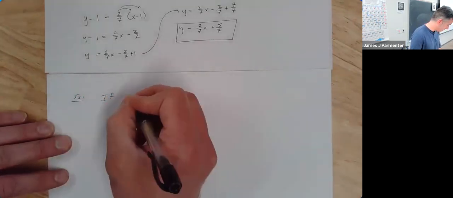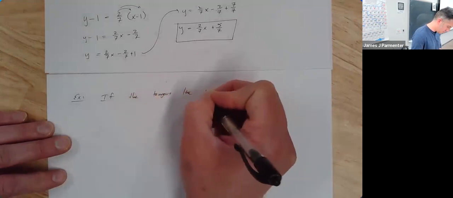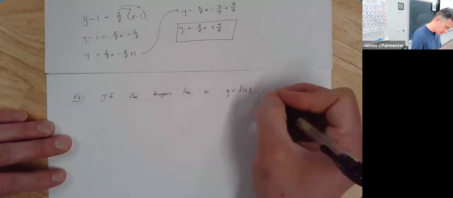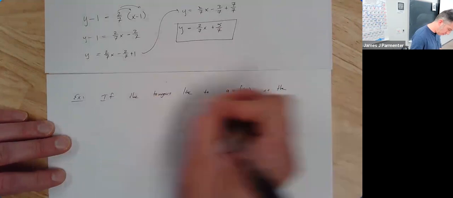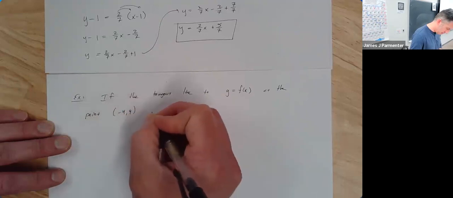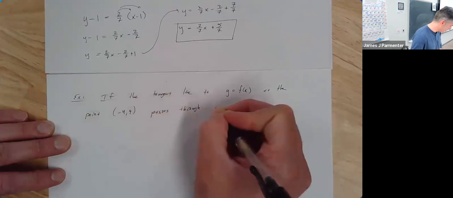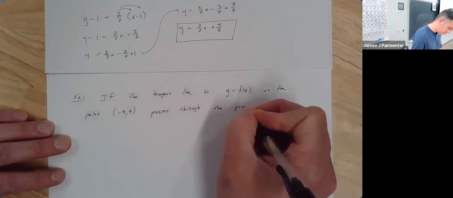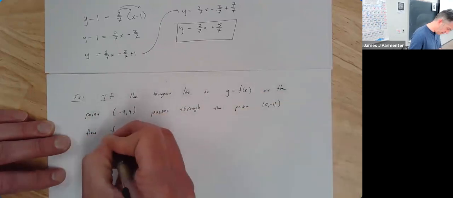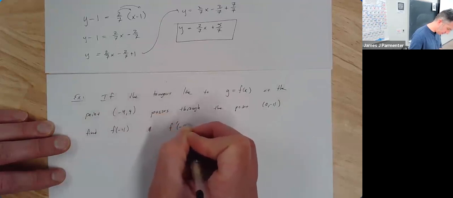If the tangent line to your function y equal to f of x at the point (-4, 9) passes through the point (0, -11), find both f of -4 and f prime of -4.